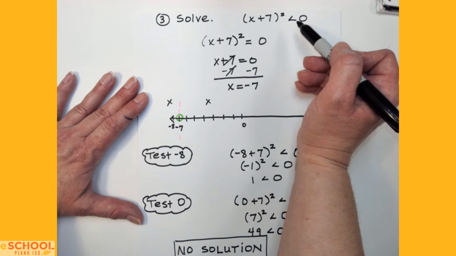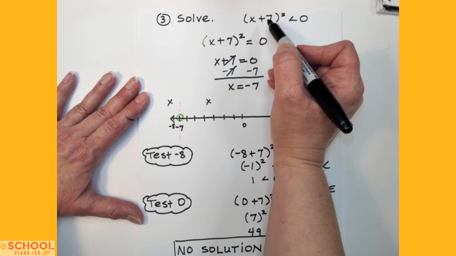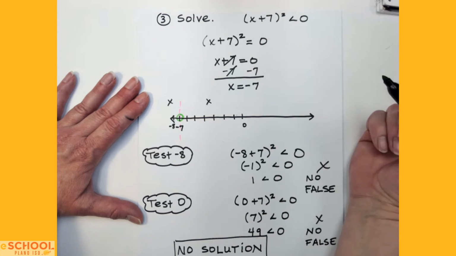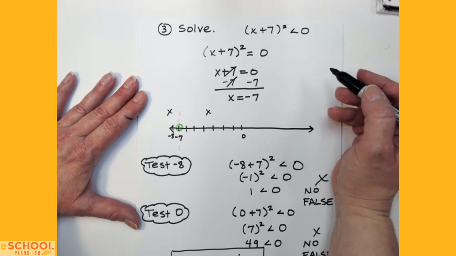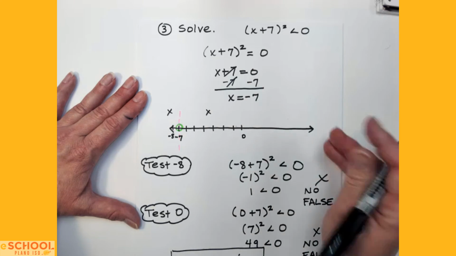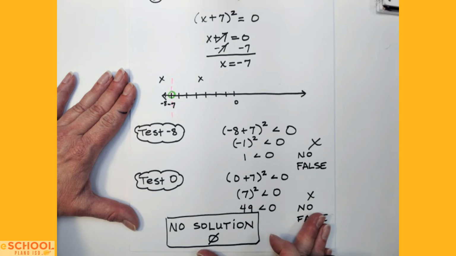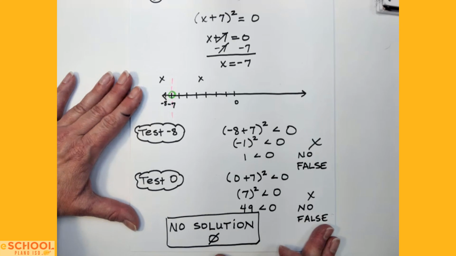In other words, make it negative. Are we ever going to be able to square, whether it's positive or negative? Can we square a number and get a negative? No, we can't. So if you recognize that in the beginning, then you can just stop right there. But what we've done here is showed you how, going through the whole process, it shows you that none of those intervals will work.